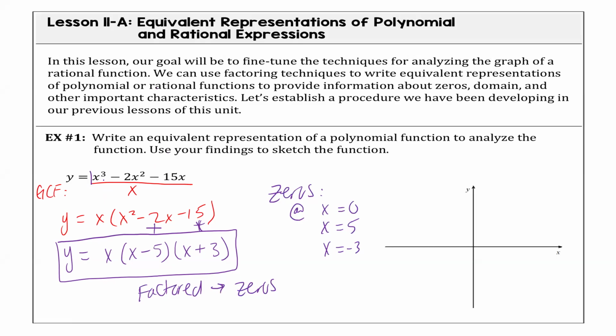And then I have my zeros, so I know I have to go through negative 3, through 0, and through 5, and make sure that I end on the positive side. So essentially, I would be looking for a graph that's modeled by this situation.